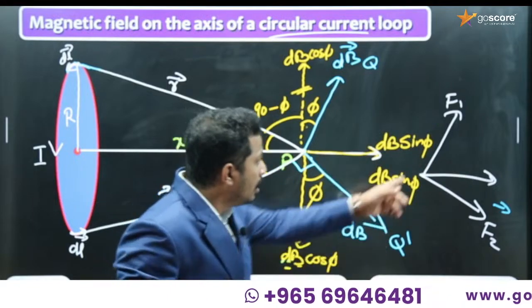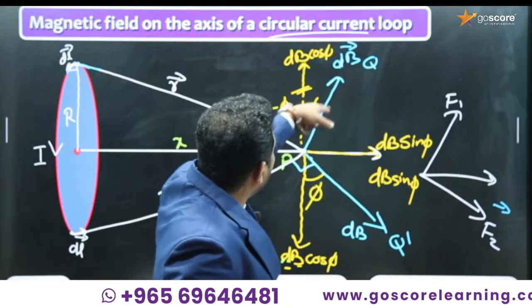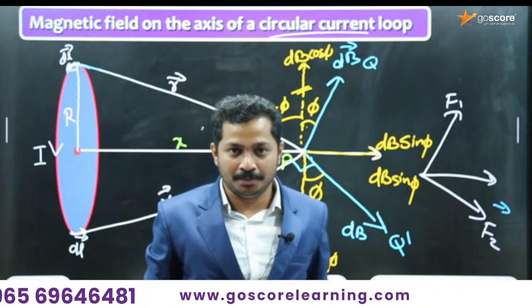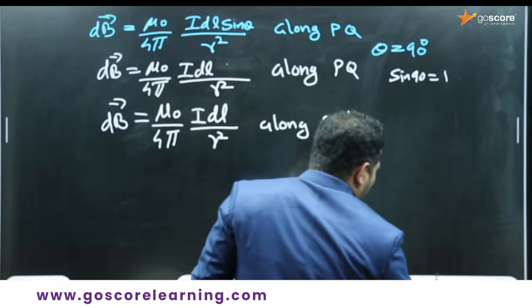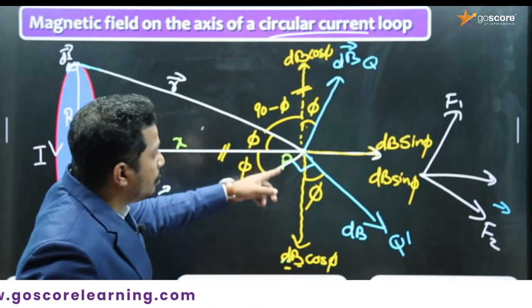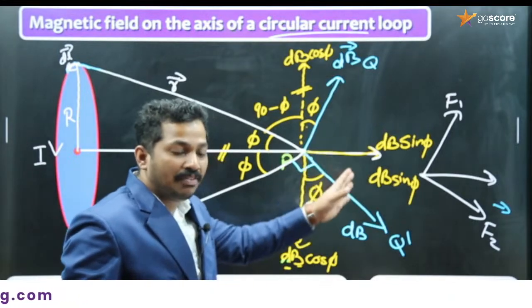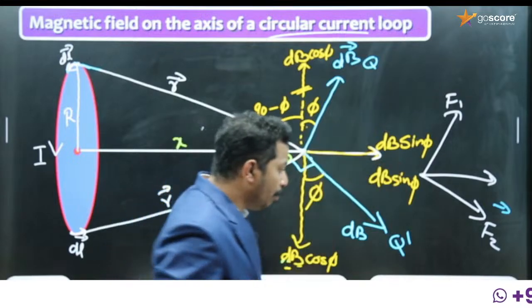As I said, the resultant vector will be midway between them. We got the resultant of dB along the axis. Is that okay? Yes. Now we can move on. So in this figure, it is understood that the direction of the resultant magnetic field is along the axis, so it is only due to the sine component.